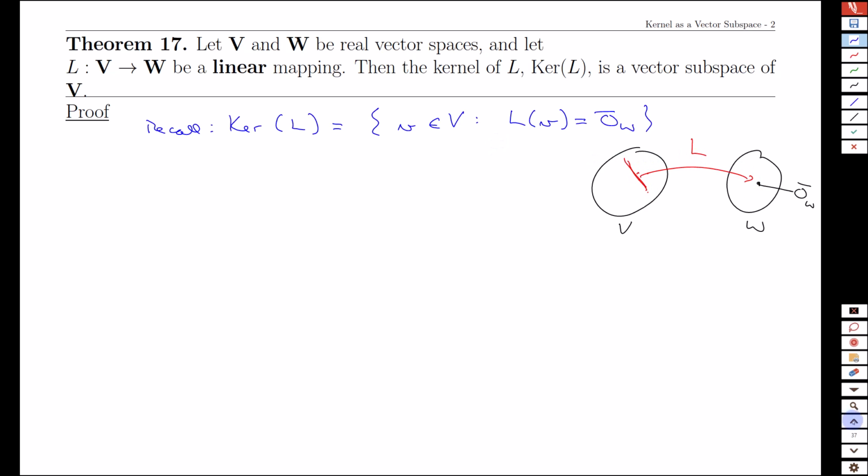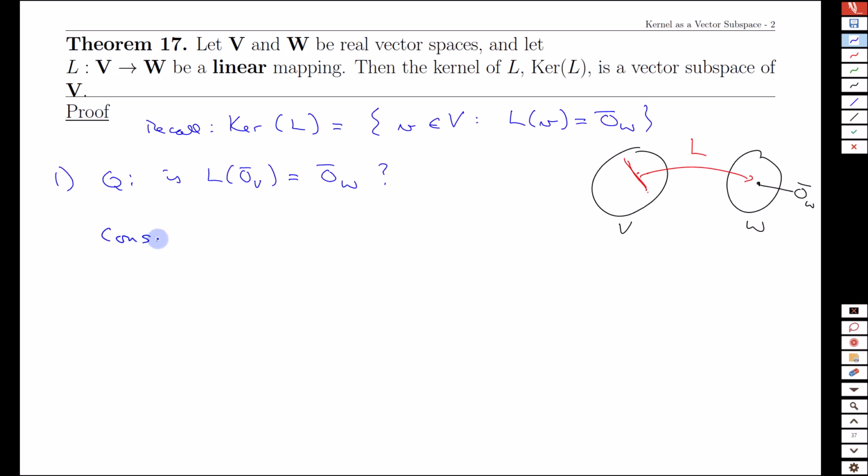And if we're going to try to prove those three properties, well, let's start with number 1. Our question is: is L of the 0 vector from our input space equal to the 0 vector from our output space? In fact, we did show this a little bit earlier, that this is guaranteed for a linear transform, but we can do a quick verification here just to reassure ourselves again.